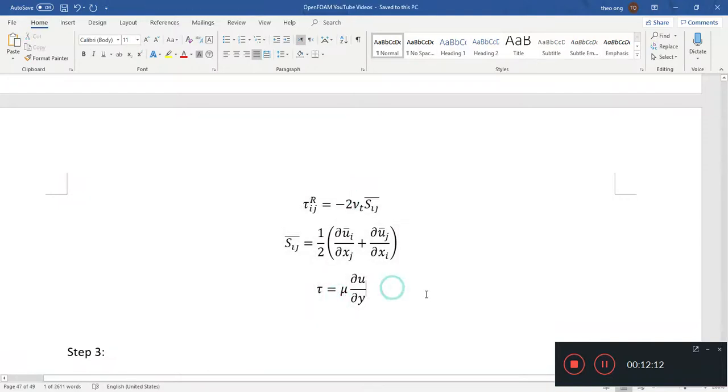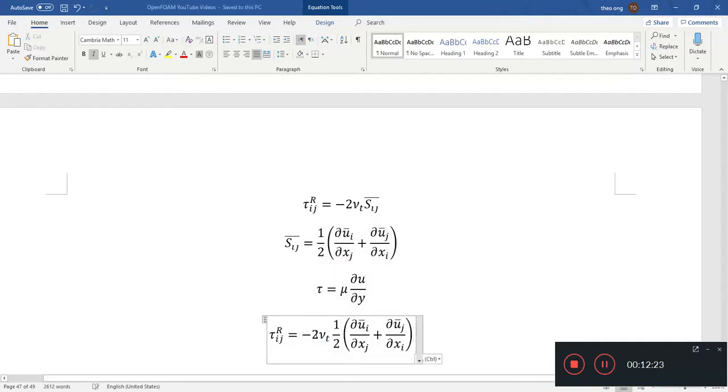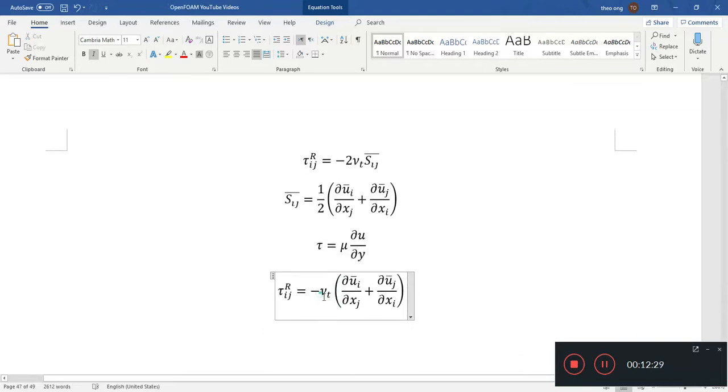In a more complicated coordinate system, you'll have this kind of thing happen, where Sij will be these two velocity gradients. So these two will cancel out, and then you'll have just the turbulent viscosity multiplied by this filtered rate of strain, the Sij over here.